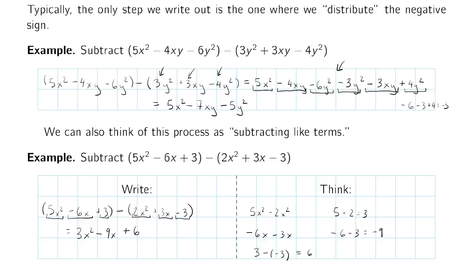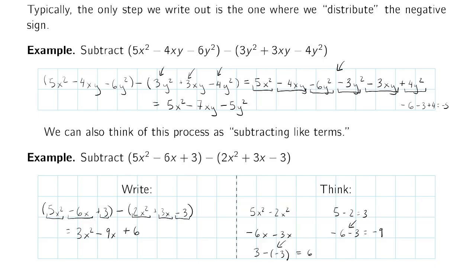So at each step, I was just thinking subtraction. But at 2 of the steps, I had to do subtraction involving negative numbers. If you're comfortable thinking subtraction involving negative numbers, then when you're subtracting polynomials, you can think, I'm subtracting like terms, and work it this way.